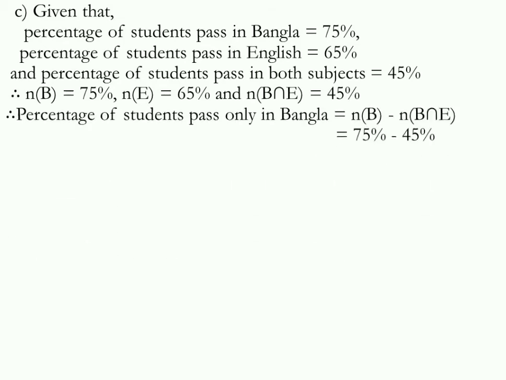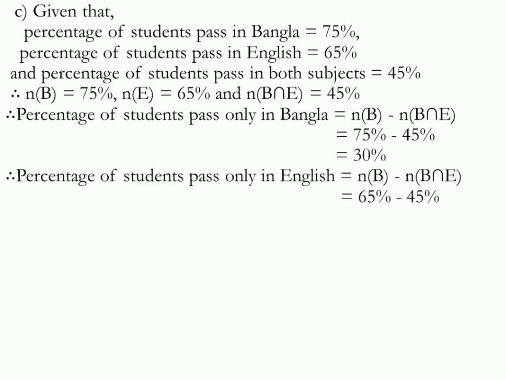That means if we subtract number of B intersection E from number of B, then we will have the percentage of students who pass in only Bangla, so it becomes 30%. Similarly, if we subtract number of B intersection E from number of E, we get the percentage of students who pass in only English, and that becomes 20%.